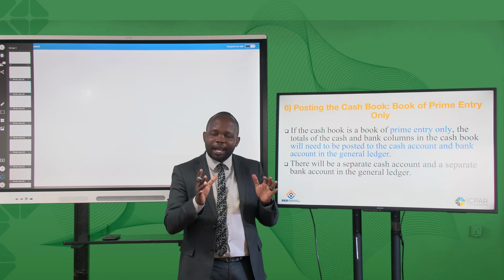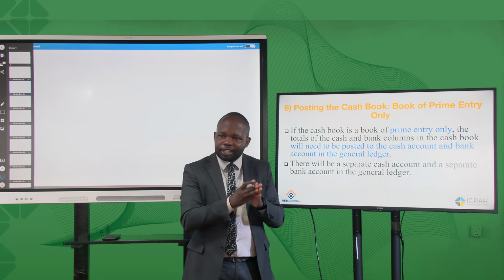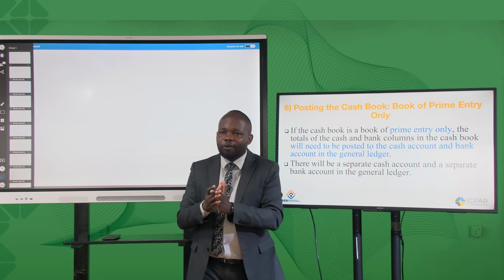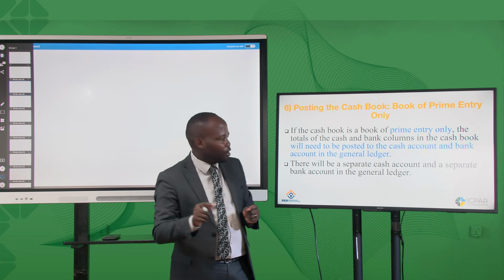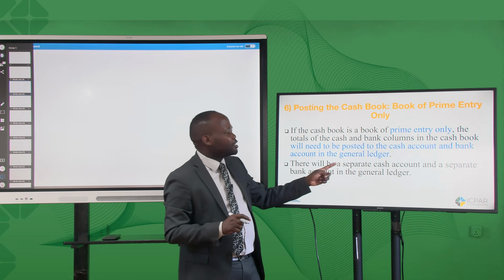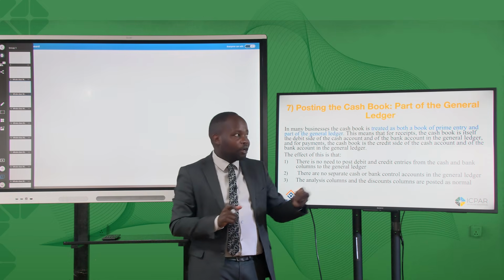So the totals of the cash and the totals of the bank will need to be taken to the general ledger. There will be a separate cash account and a separate bank account in the general ledger.